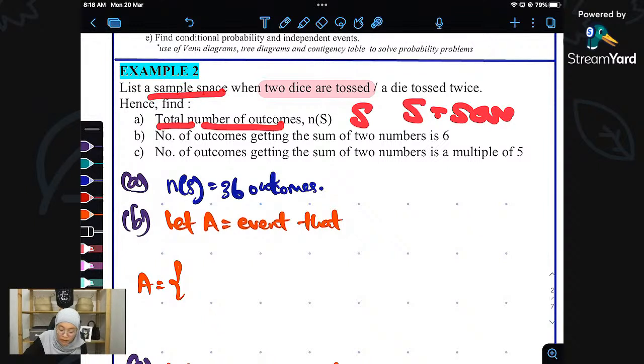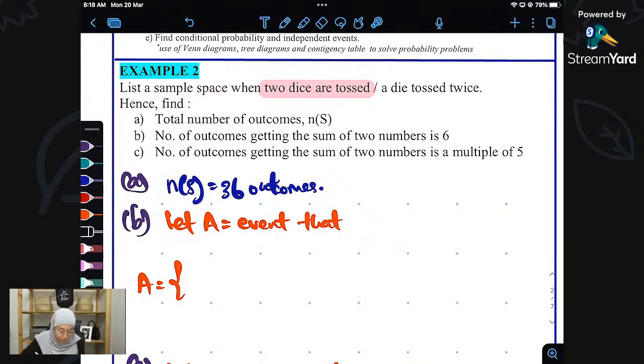Please take note of that. S meaning the sample space. Therefore, you should write it down. Therefore, please know that n(S) meaning the total number of the sample space, which is 36.